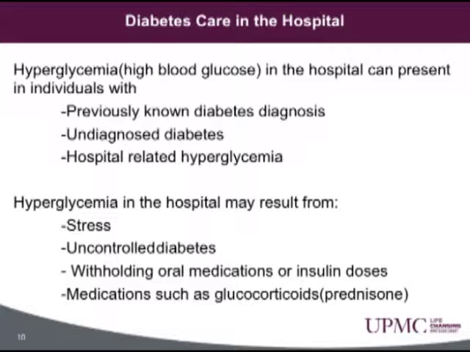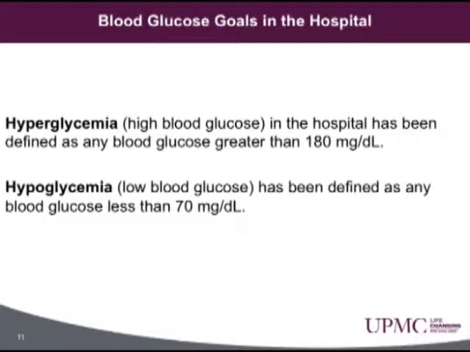So it can result from stress, uncontrolled diabetes, if you withhold any of your oral medications or insulin doses, or certain medications such as glucocorticoids, steroids, or prednisone, which can elevate the blood sugar.